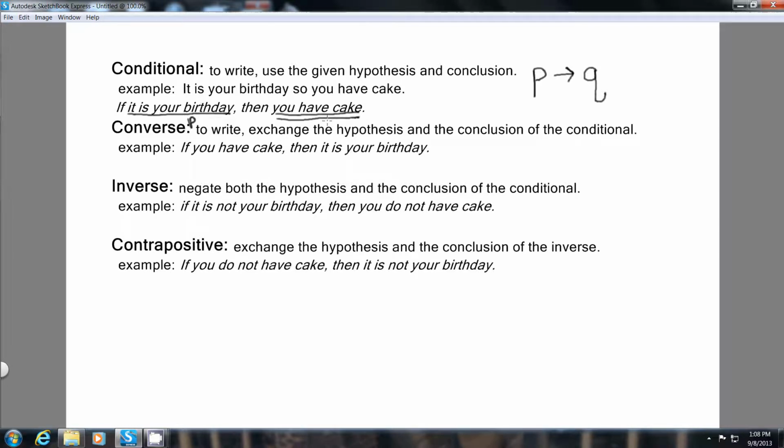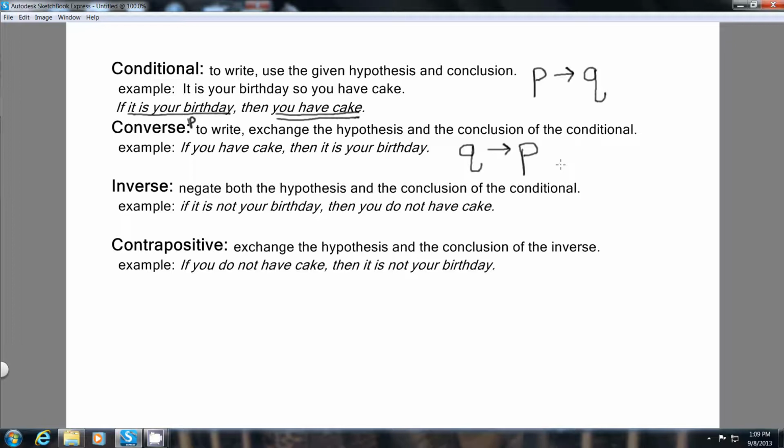So now, you have cake is the hypothesis of the converse, and it is your birthday is the conclusion of the converse. We would write that as if Q, then P. That's how we would write it in symbols.